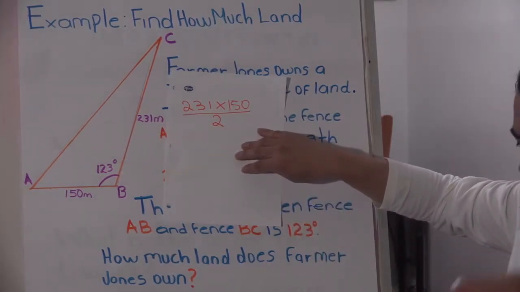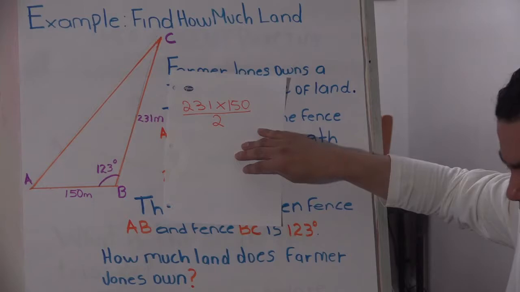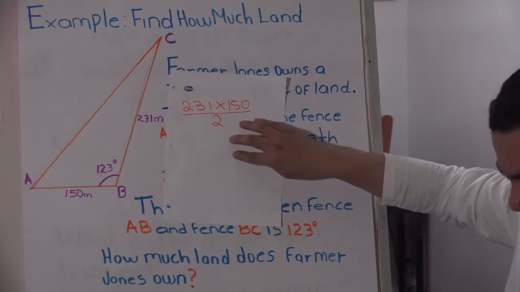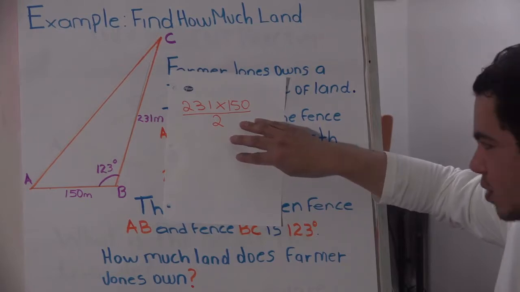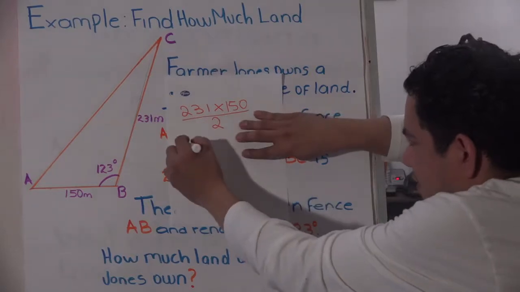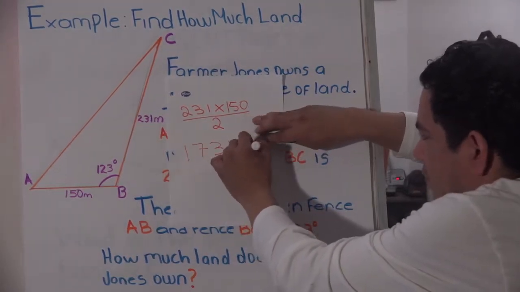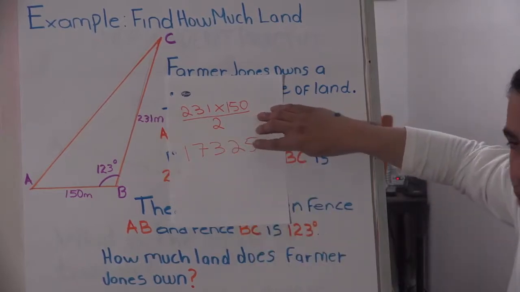I'll figure that out on the calculator. 231 times 150 is 34,650. Now take half of that, or divide it by 2, and I get 17,325.